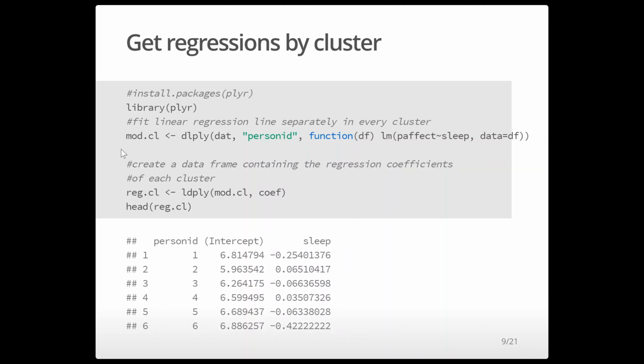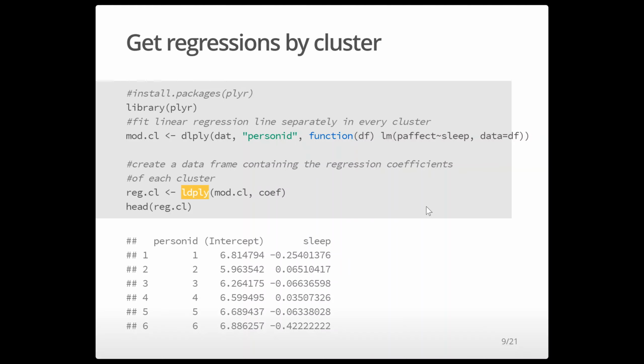So I'm going to load up plyr here, and then this dlply function is going to repeatedly perform some function on our data by some factor. And in this case, we want to perform a regression of sleep on P affect for each person in our data. And what this is going to do is return a list object that has the regression for each person. And then we need to take that list and turn it into a table.